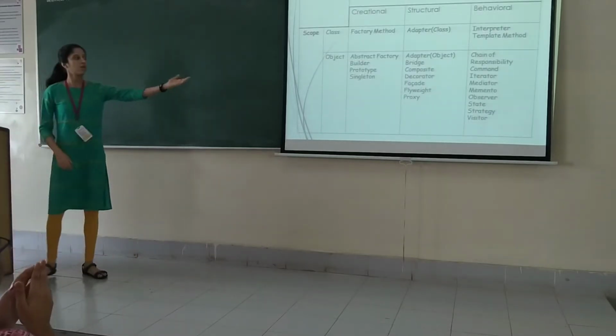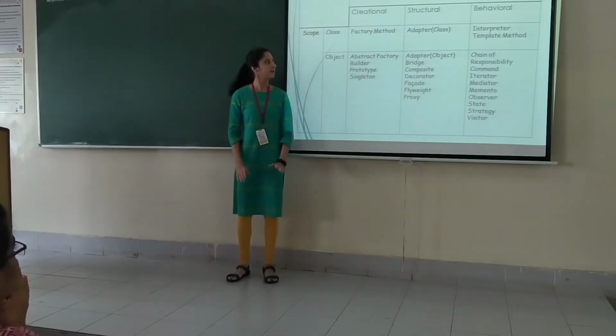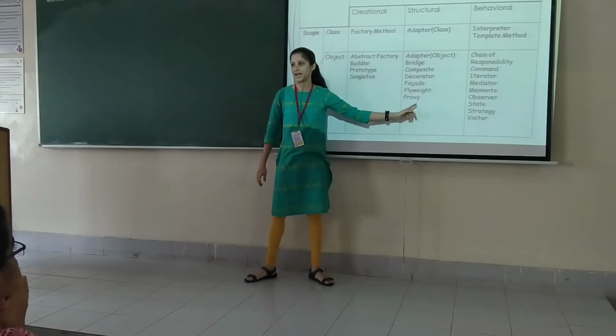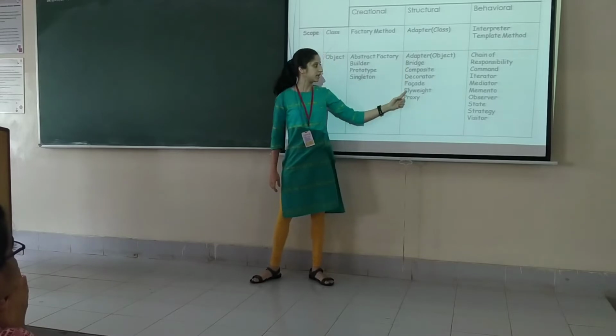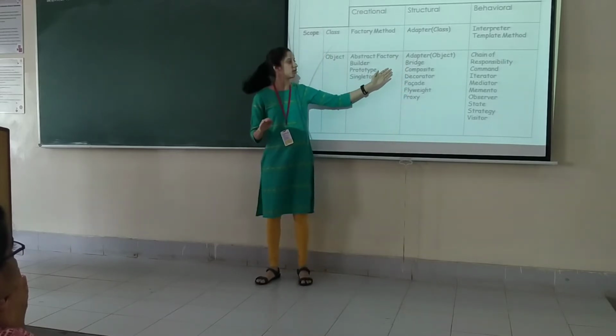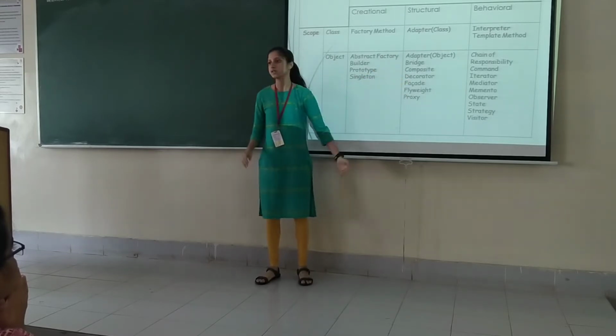That has been shown in tabular format. In this module, we mainly concentrate on the structural pattern classification. In structural patterns, there are many types of patterns. In module 2, we will look at all the patterns in detail.